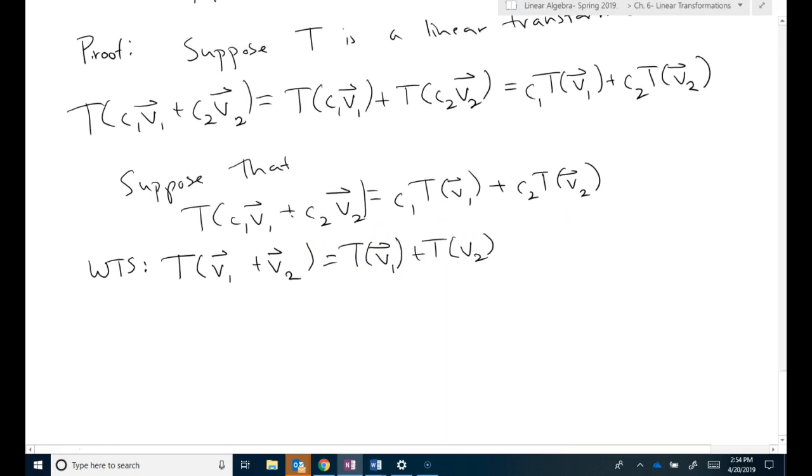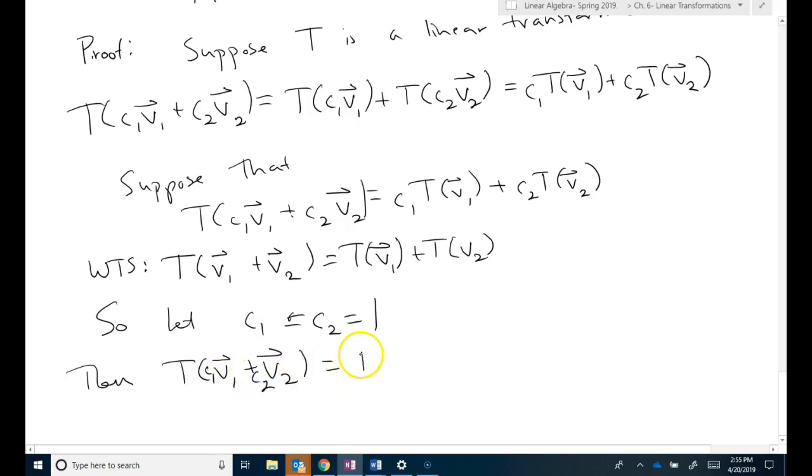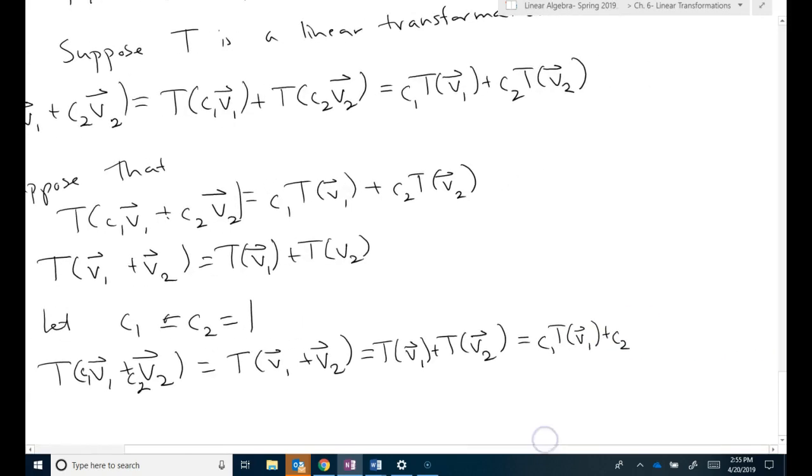Okay. So let c1 equal c2 equal 1. Then T of V1 plus V2, okay, or T of c1 V1 plus c2 V2 is equal to T of V1 plus V2, which, because T is a linear transformation, is going to be T of V1 plus T of V2, which will end up equaling c1 T of V1 plus c2 T of V2.